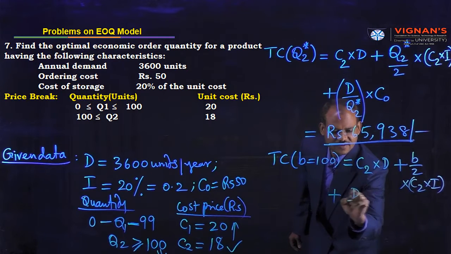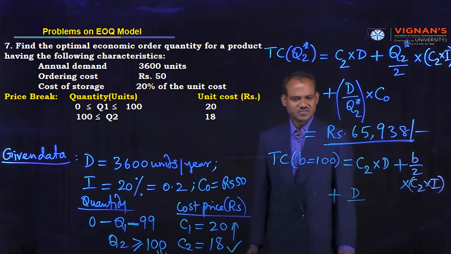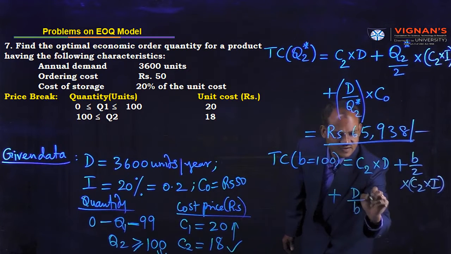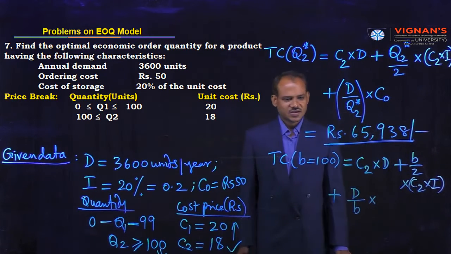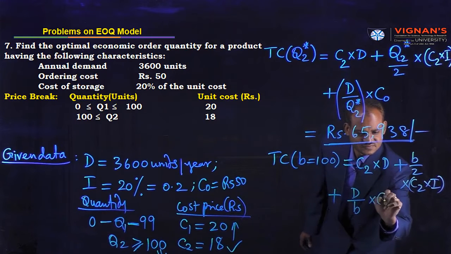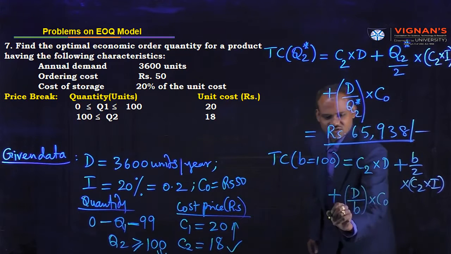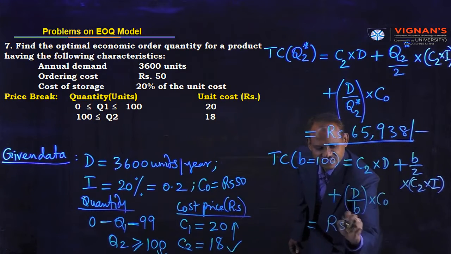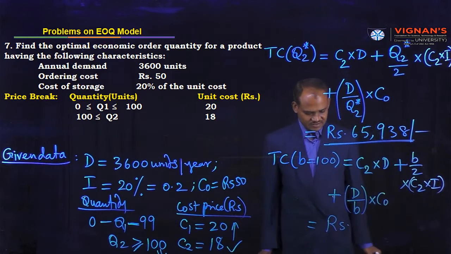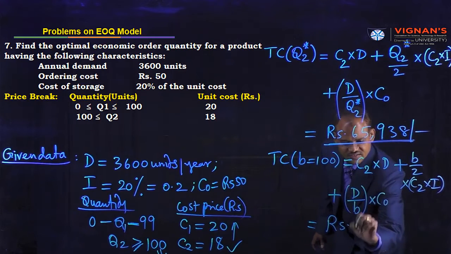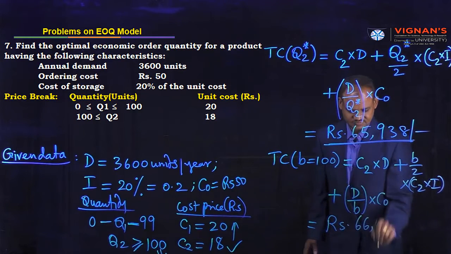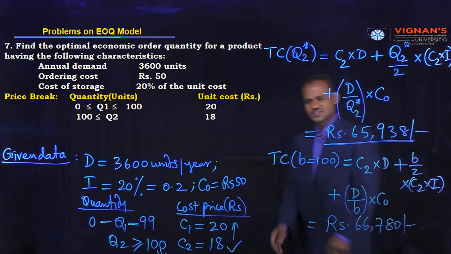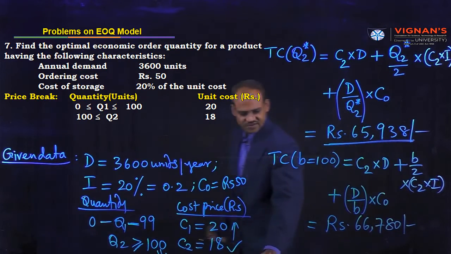D by Q means in place of Q substitute B: D by B into C naught. Simply substitute all the given values, you will get the answer. That answer is 66,780 rupees.